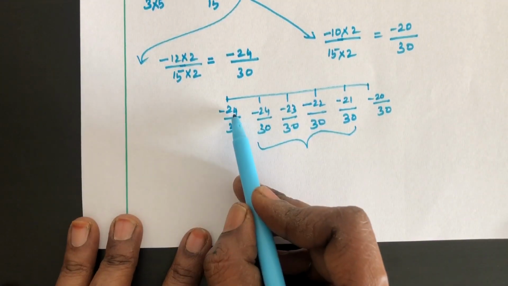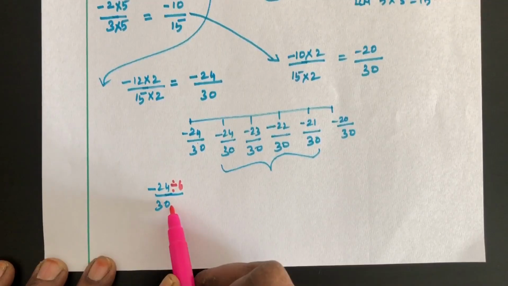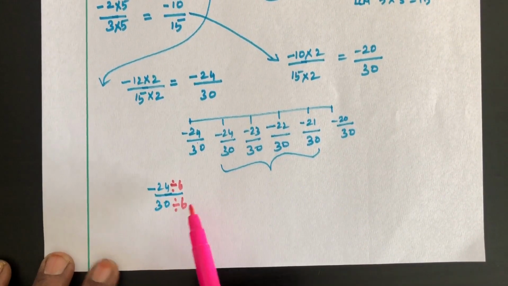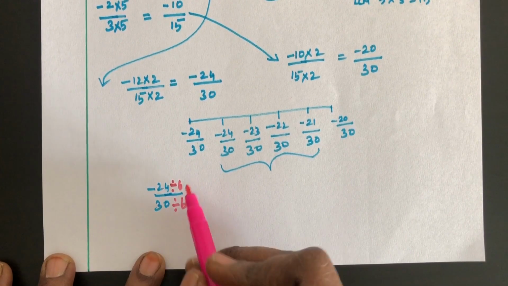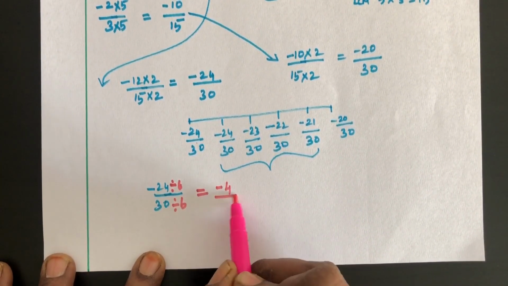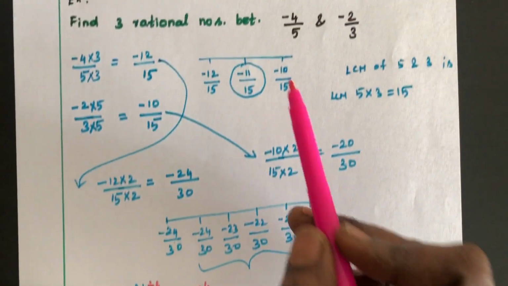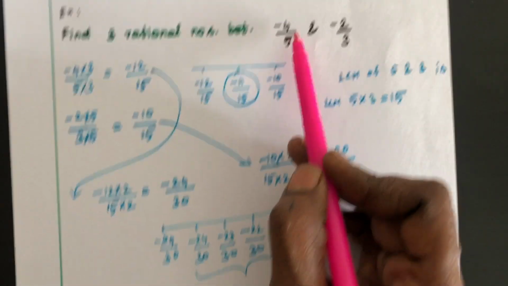See, this is nothing but minus 24 by 30. If we divide the numerator and denominator by 6, what will we have? 24 by 6 is minus 4. 30 divided by 6 is 5. See, this is our first rational number.